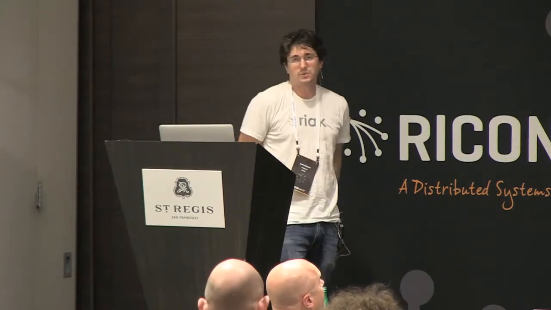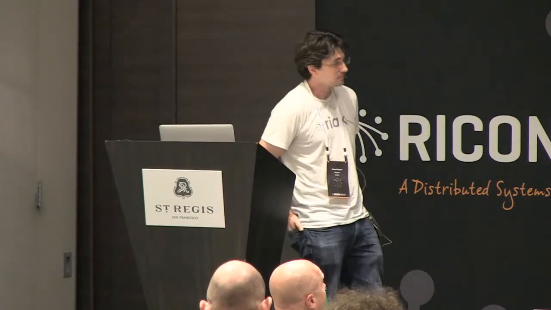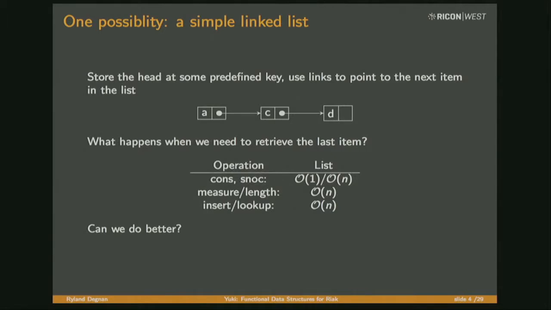One possibility, which we've seen people do, is to store the data in a linked list. Each of the nodes in the linked list is a key-value pair in Riak, and maybe you use links to point to the next node. You can start the list at some predefined key, call it head or some user ID, and you can walk the list and get a stream of photos that way.